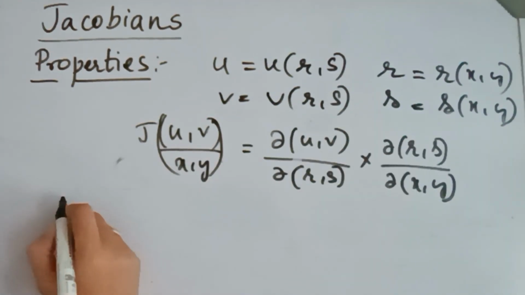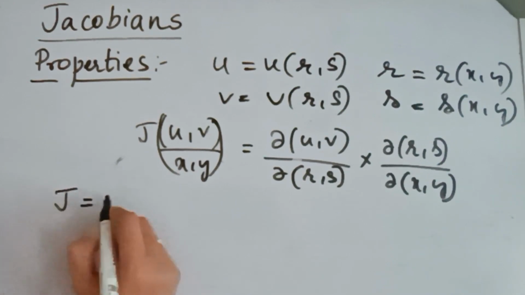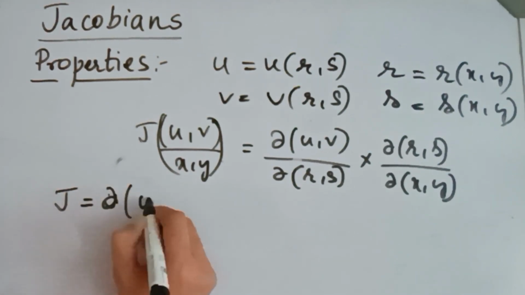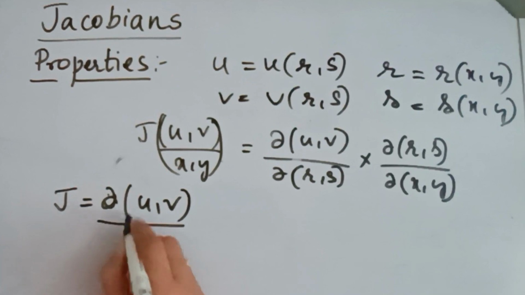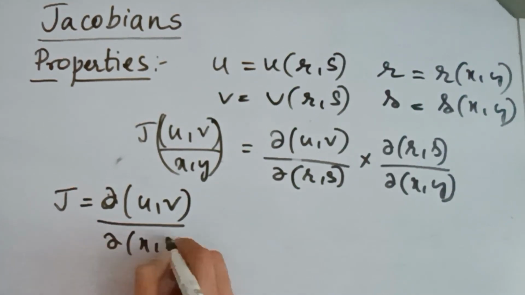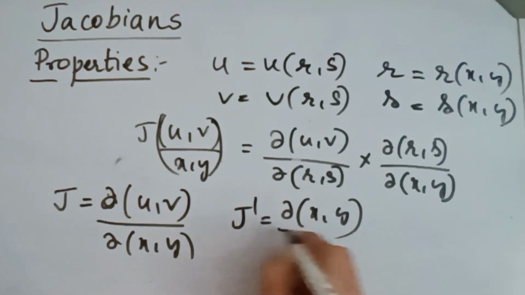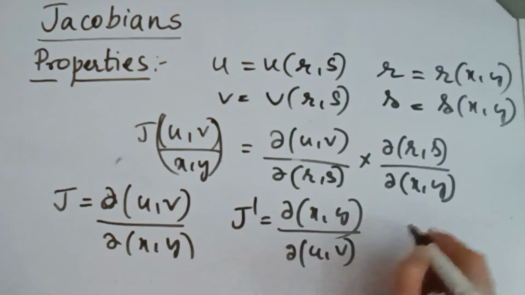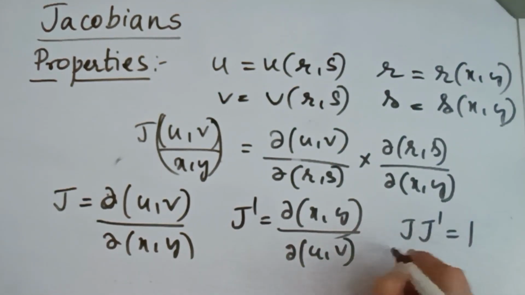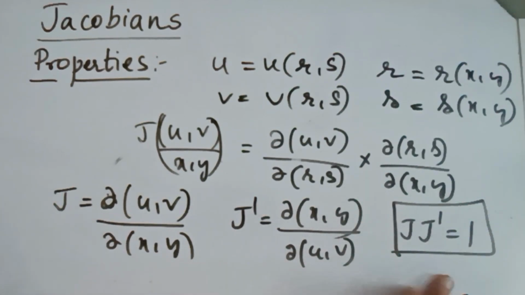One more property: if J is the Jacobian of u and v with respect to x and y, and J dash is the Jacobian of x and y with respect to u and v, then J into J dash is always equal to 1. This value you should remember.